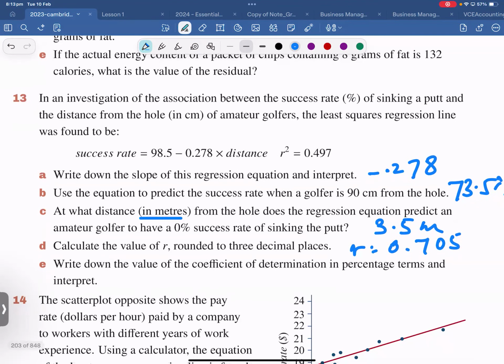Right. Then write down the value of the coefficient of determination in percentage and interpret. Coefficient of determination, what is it, guys? 49.7%. And what does it mean? 49.7% of the change seen in success can be explained by changes in distance. Some people have answered 0.705. That's wrong.